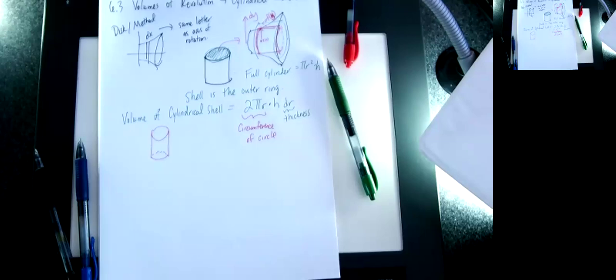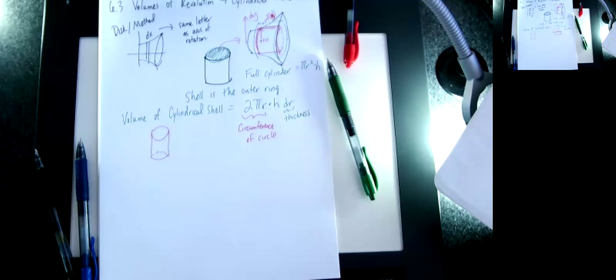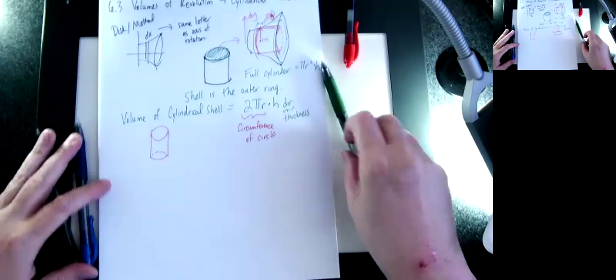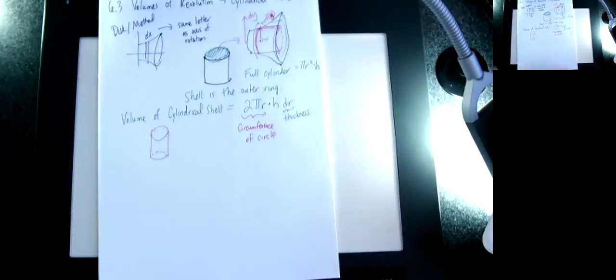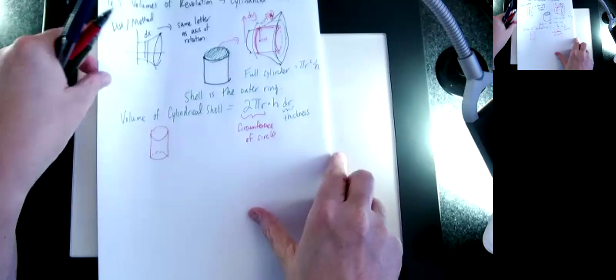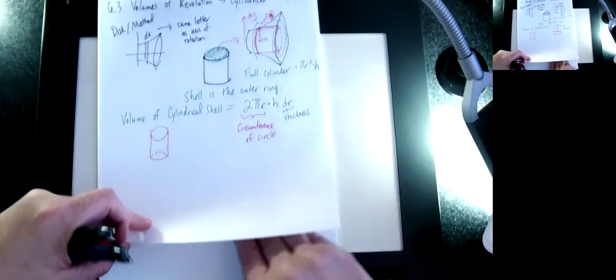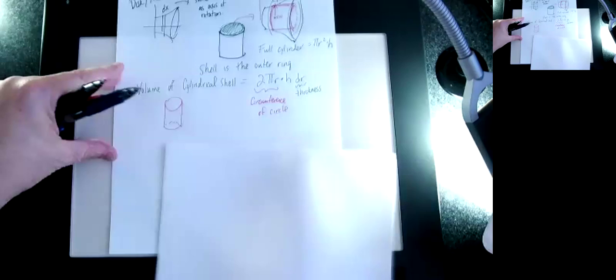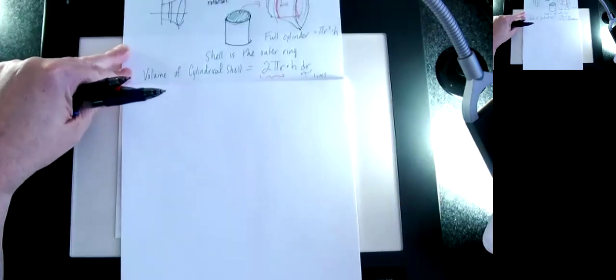So let's do some examples. The first example we're going to do is y equals cosine of x squared.